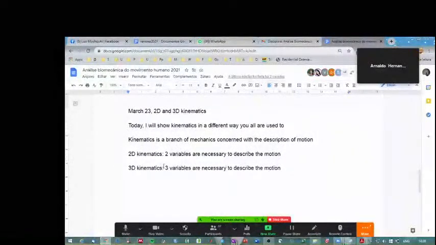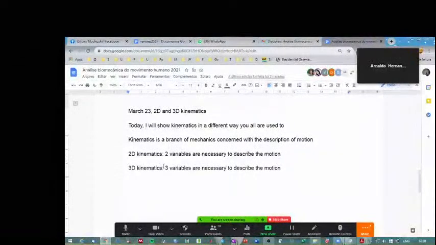So this concept means that when people say 2D kinematics, for you to describe the movement, you need two variables.